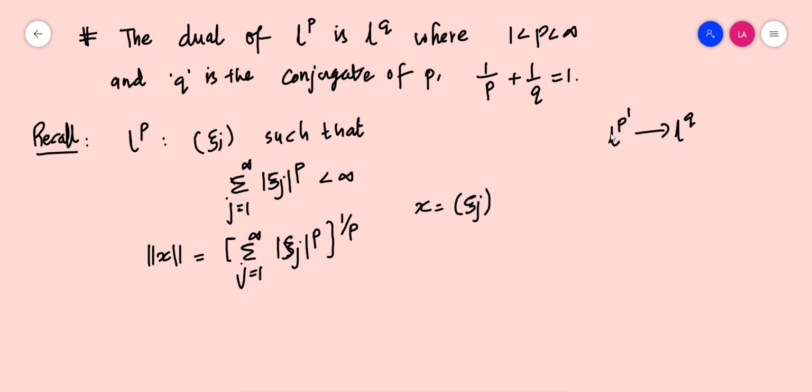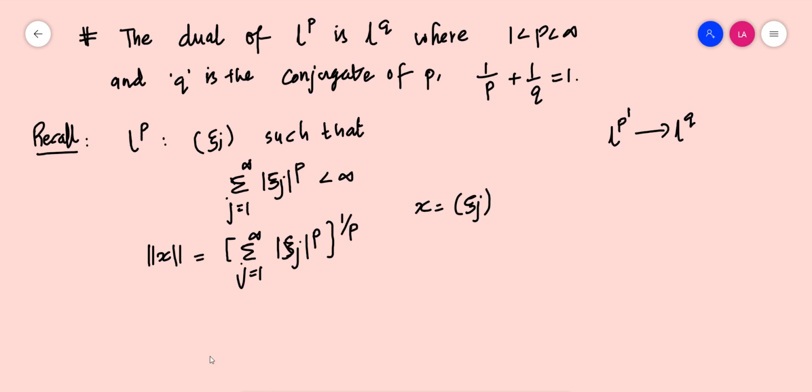Associated with that we have defined the norm with respect to some relation, and using that we define some function from LP dash to LQ and prove that it satisfies all the conditions. This is what we are going to do. So the first thing which we need is a basis.